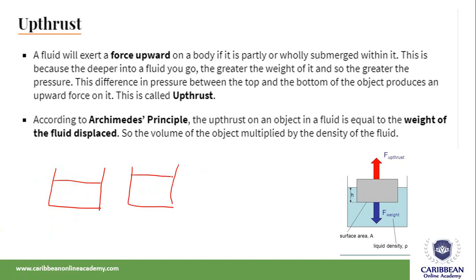That object can either be partially or fully submerged. For this example, we will consider that the object is partially submerged. From the top of the fluid to the bottom of the object, here we have a height difference, so to speak.